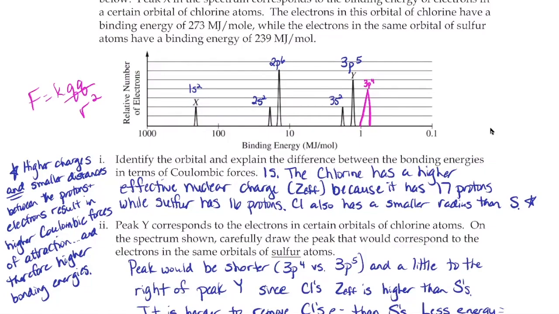Or if your radius is smaller, when you divide by something small, your answer is big, right? So the fact that chlorine has 17 protons, 17 electrons versus sulfur only has 16 protons, 16 electrons, there's more attractive forces going on in the chlorine, making it more difficult to take its electrons away than sulfur's.